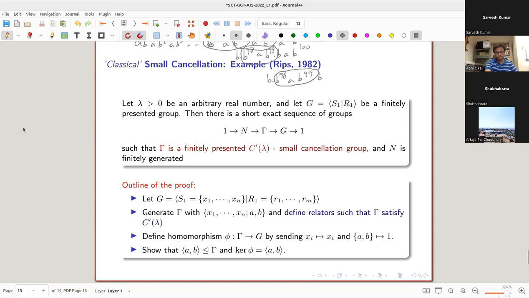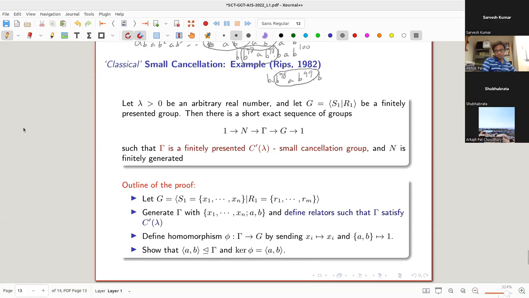So then I construct that group gamma with the new generating set and relators. What I do is take this map. I extend the generating set of the group G with these two elements, and I extend the set of relators to something else. That is the main construction.